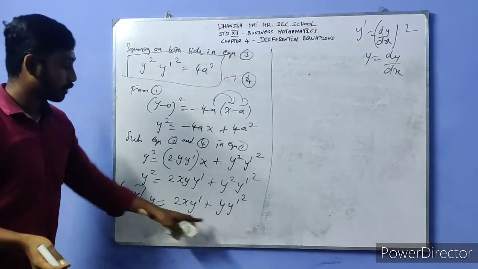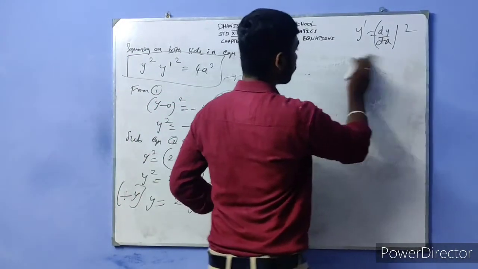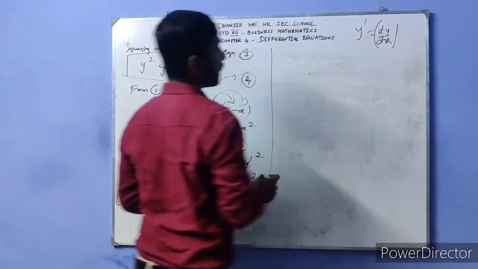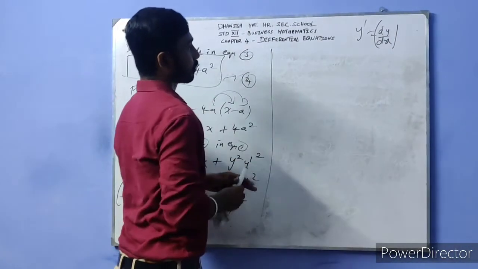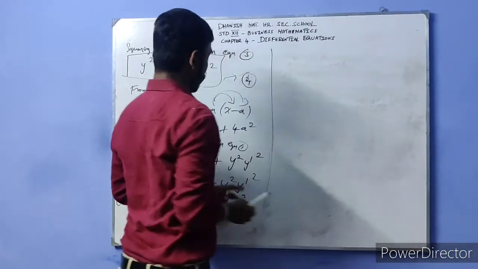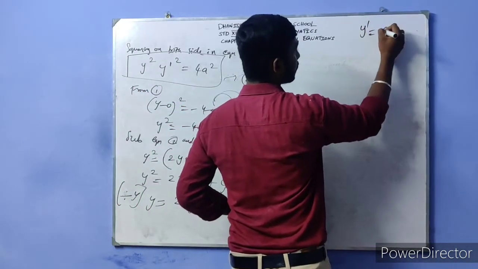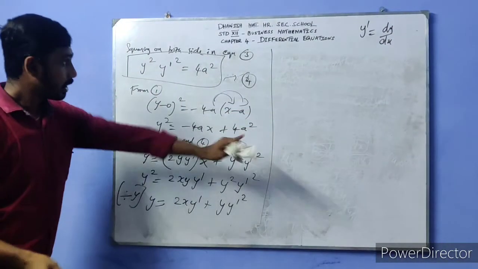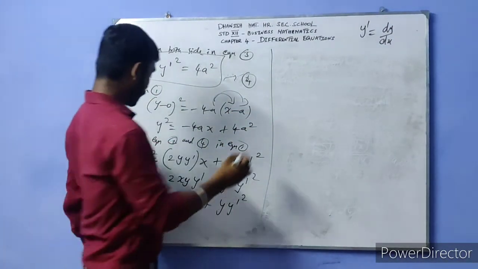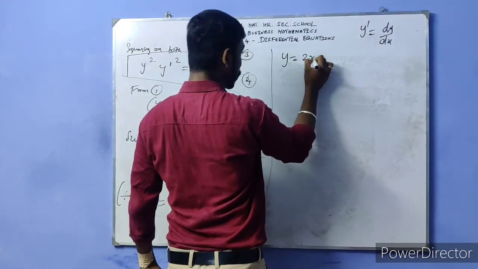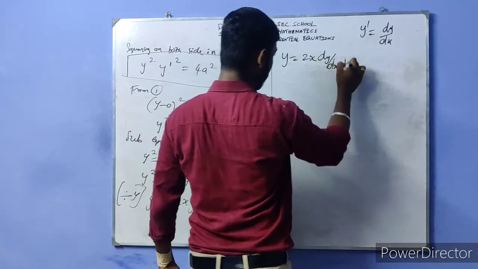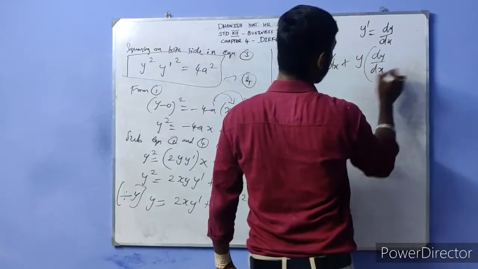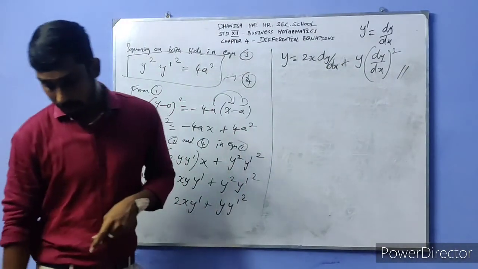Now we substitute the dy by dx value in the equation. So here we get y is equal to 2x dy divided by dx plus y into dy divided by dx the whole square.